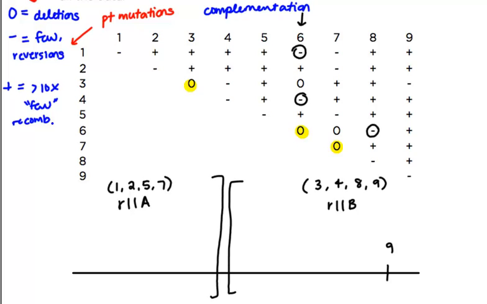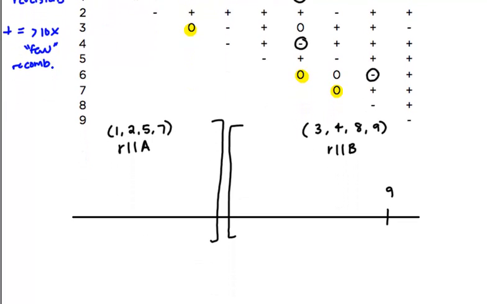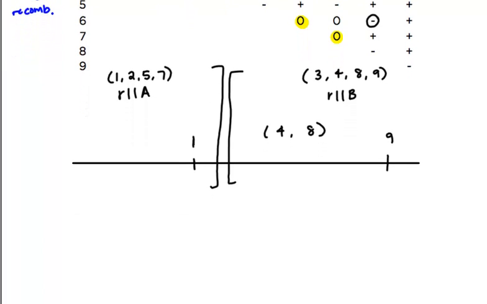We know that deletion 6 does not recombine with mutation 1, 4, or 8, so these must be close to each other. So 1 must be somewhere close to R2b, and then 4 and 8 must be somewhere around here. I'm just going to draw 4 and 8 right now like this, and we'll use another mutation to actually order them. So we'll say that deletion 6 is going to be here, spanning all three.